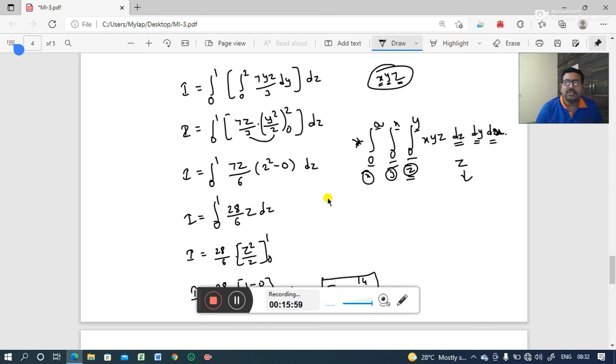Then your second integral limits are with respect to y, so you integrate with respect to y, then with respect to x. You follow this order of integration, integrate the given functions and apply the limits as usual.